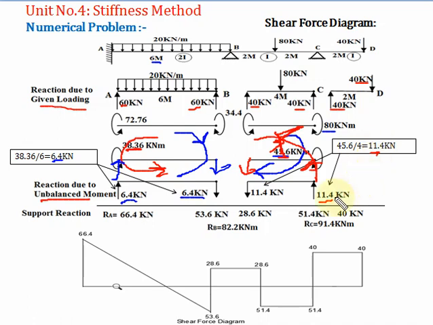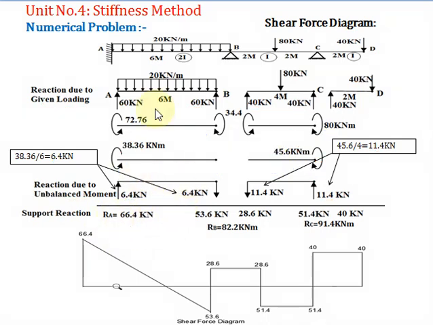Okay. Now after calculating the reaction due to the given loading and the unbalanced movement, you have to find out the reaction at the support. Okay. Now reaction at E. So here, what is the value? Reaction due to loading is 60 acting upward. Here it is 6.4 acting upward. So both are acting upward, positive. So the value is what? 66.4.